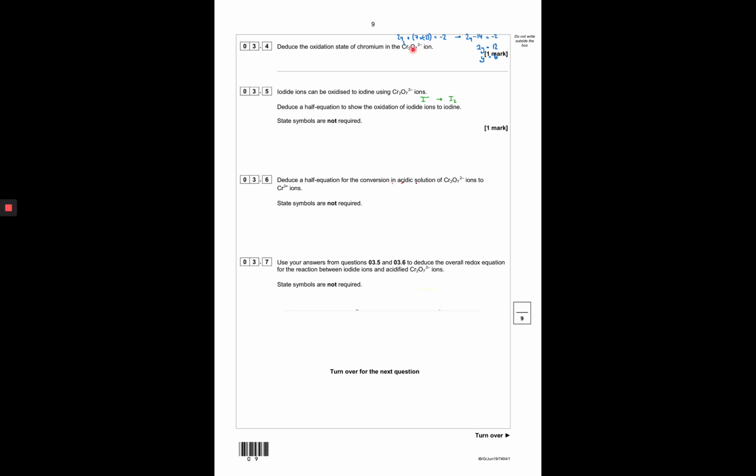And then we've got 7 of them, so 7 times -2, and we know that the answer to that sum, 2Y minus 14, is -2 because that's the overall charge of the ion. So 2Y minus 14 equals -2, therefore 2Y equals 12, therefore Y equals 6.